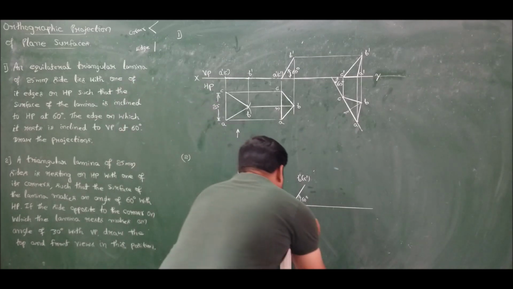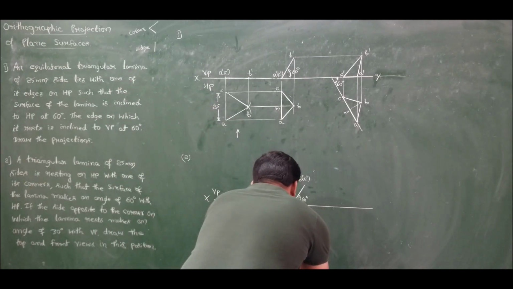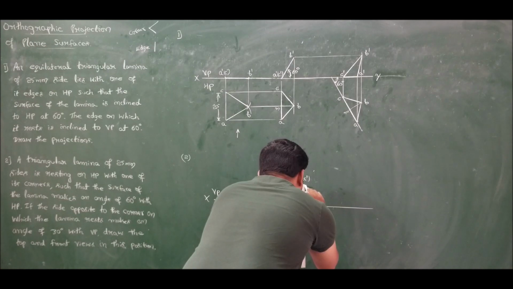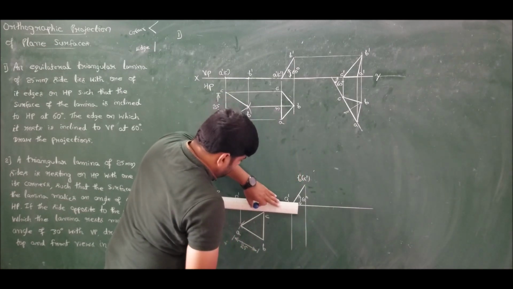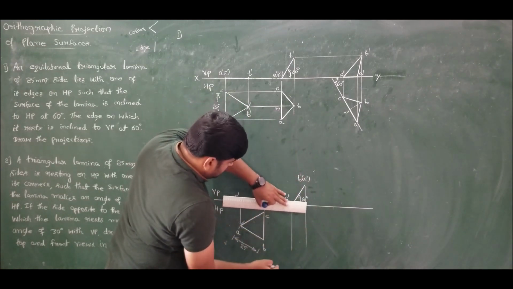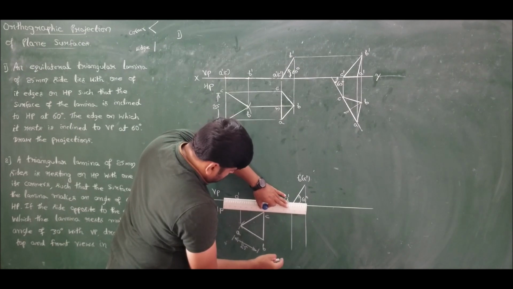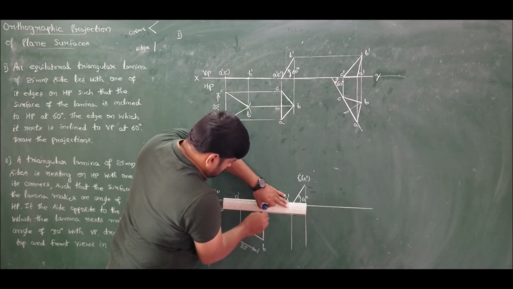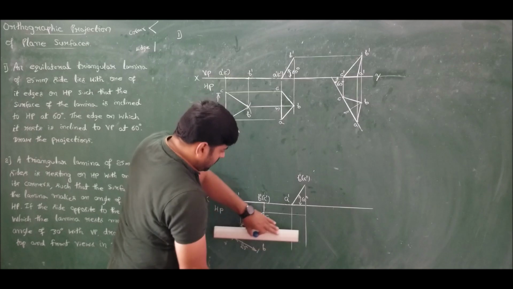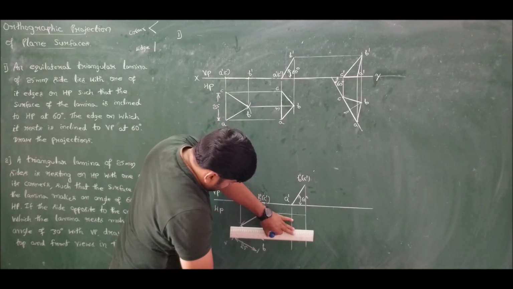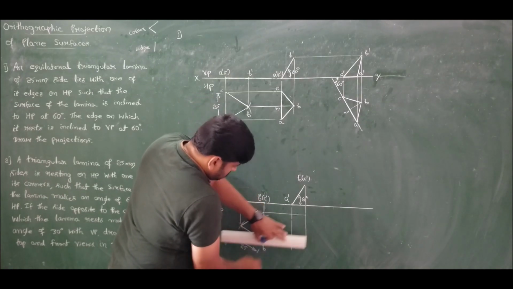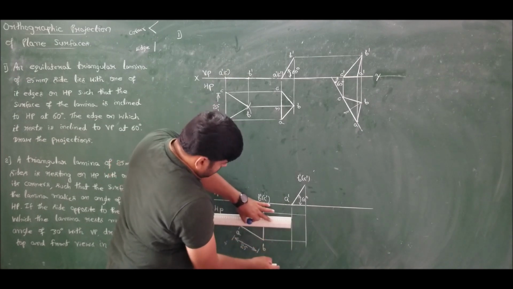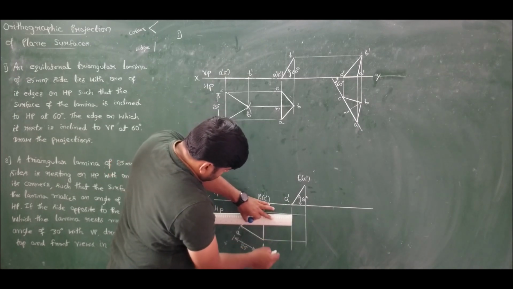Now take the projection. C and C dash, I should take projection till here. B and B dash, I should take the projection till here. A and A dash, I should take projection only till here.